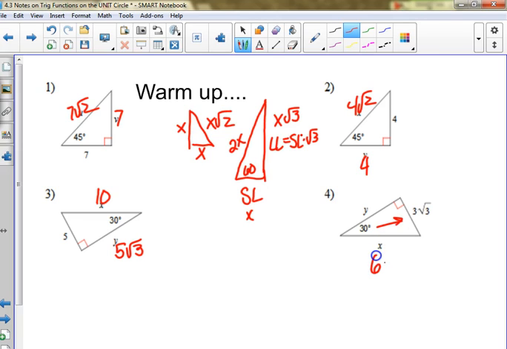So you'd double it and put it here. And then you would multiply the short leg by another square root of 3, which would become square root of 3 times square root of 3 is 3, times that other 3 is 9. Now that doesn't really look right, but if you type 6 square roots of 3 on your calculator, it's more than 9, okay? All right.